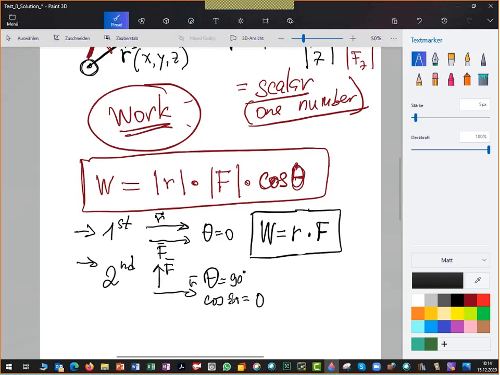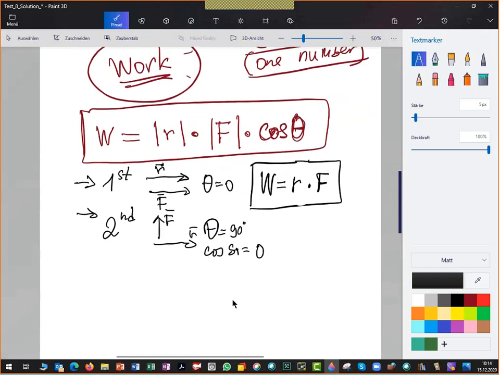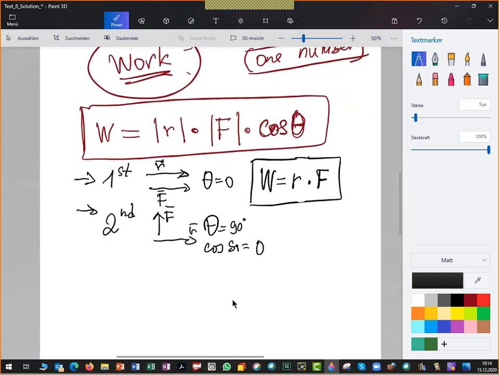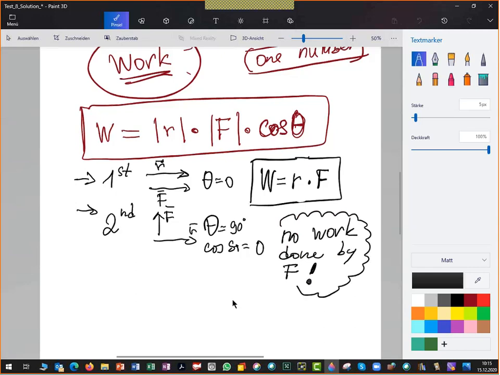In this case, even though there is a force and it acts on this object, we say that although there is force and there is motion, there is no work done by F. Because the formula 1, which I will put here, will give us 0 work.